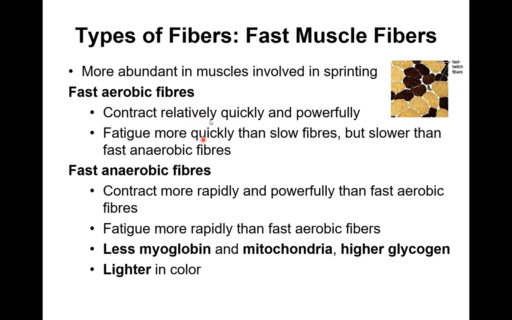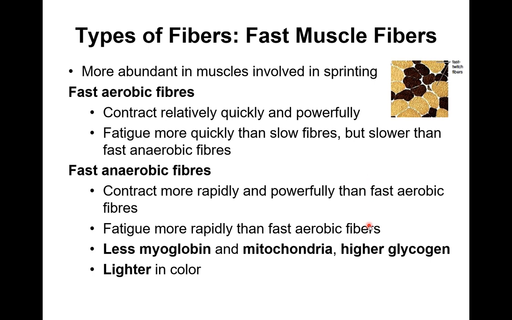When it comes instead to the fast anaerobic fibers here, these are the typical ones that you will find in the skeletal muscle of sprinters. They will be enriched in fast anaerobic fibers. And since they are so fast, they are responsible for very fast but short-term contractions.